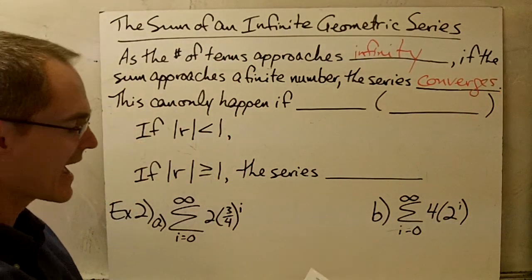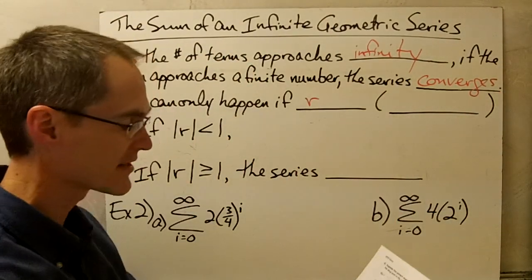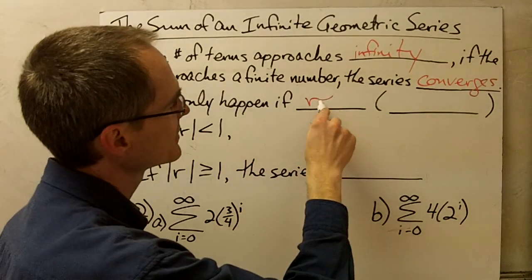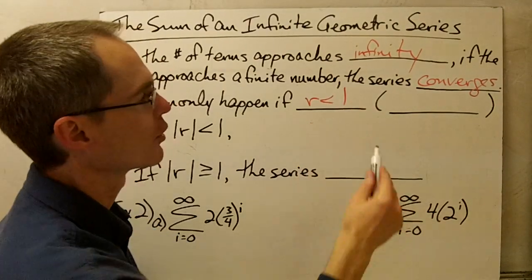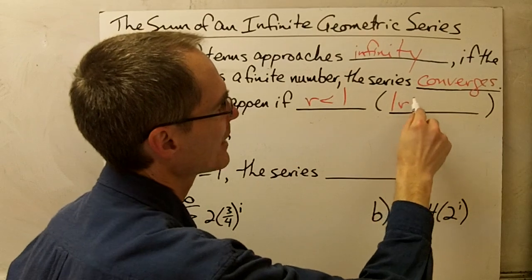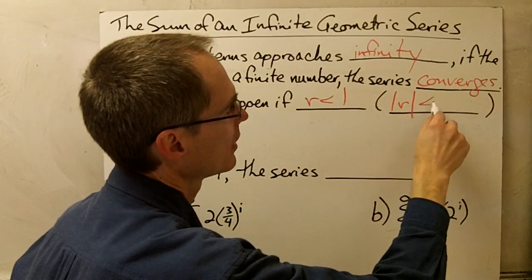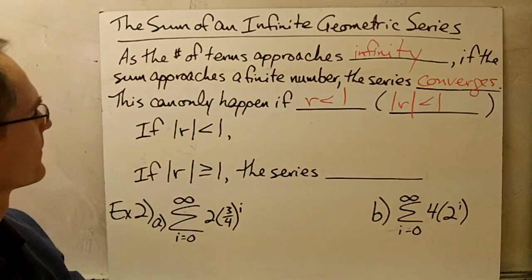Notice this can only happen if r, that is our common ratio, is less than 1, or more specifically, if the absolute value of r is less than 1.